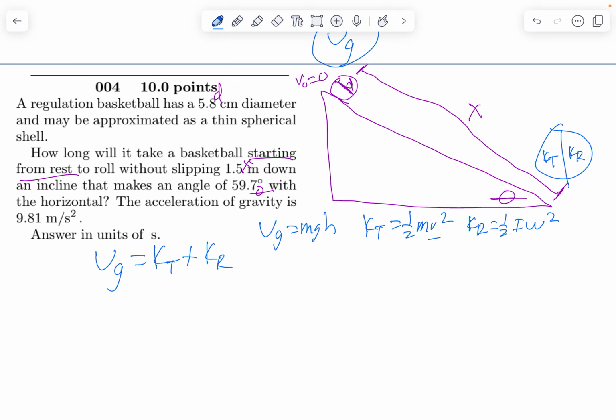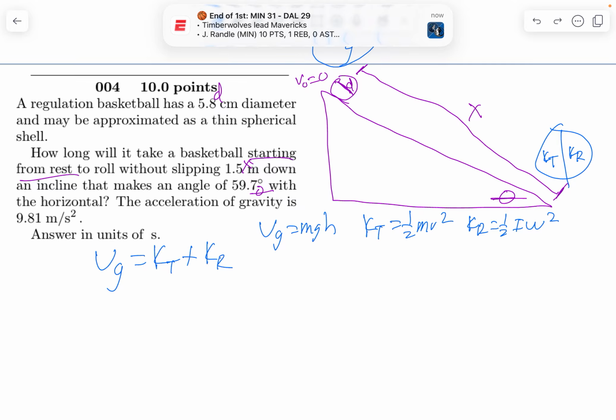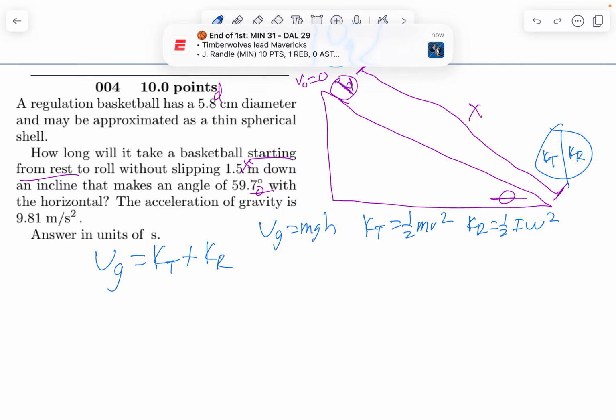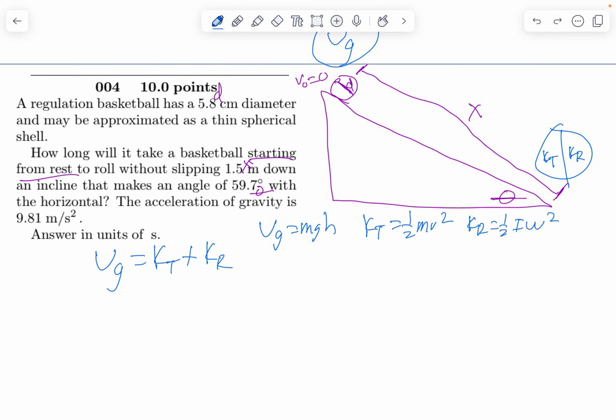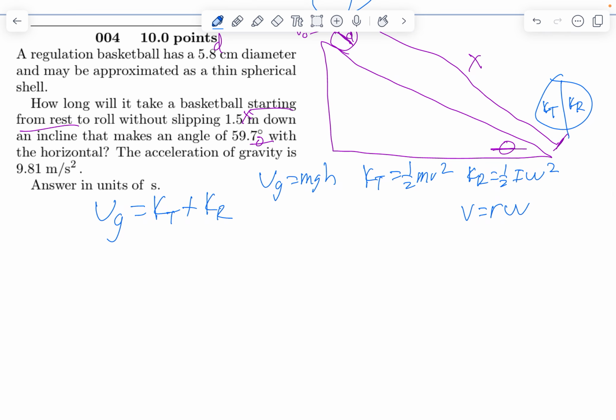But if we're looking for a v, we want to turn that omega into a v. So then, oh, look at that. So v is equal to r omega. So then we'll just substitute that into our equation.